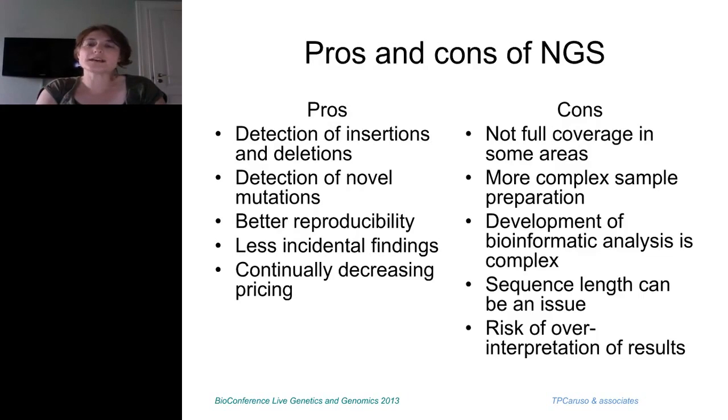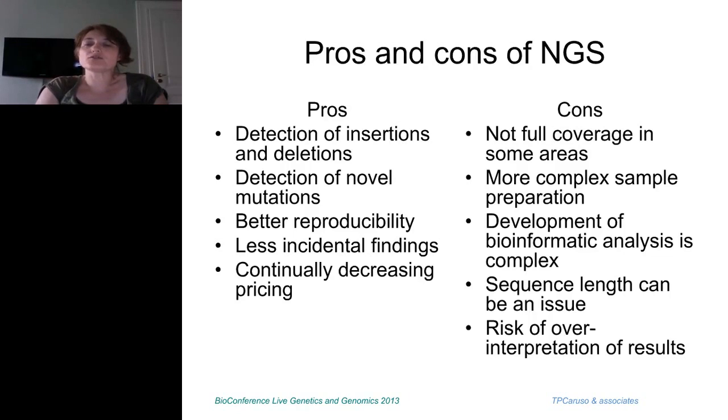Now, what are the negatives? As I said, it's not a panacea for things that don't work. With next generation sequencing, there are areas for which you will not get full coverage, and this will create the need for additional tests. The sample preparation is more complex. The bioinformatic analysis is more complex, primarily because of the amount of information that you have.